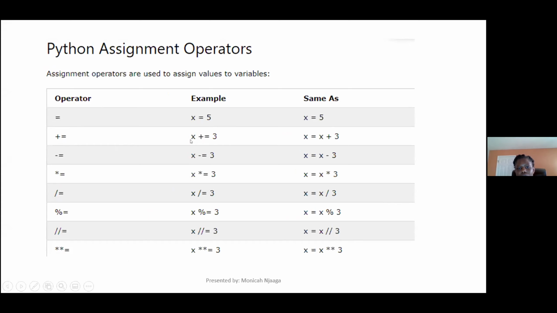Then plus equal is an example, and just because it has the plus equal, don't let that scare you. It's the same as just doing the plus, but to look more like a programmer, you can write it this way. And then there is minus equal, multiplication equal, division equal, modulus equal, floor equal, and exponentiation equal.